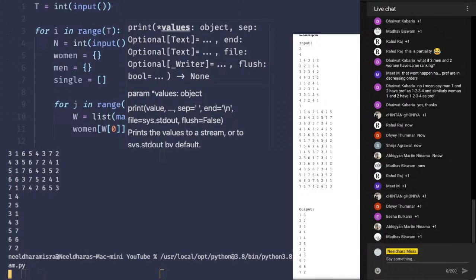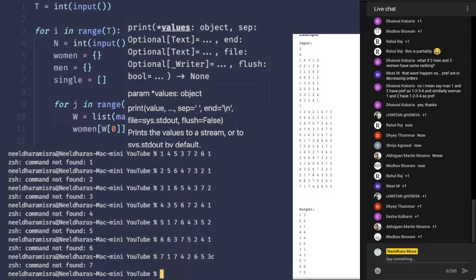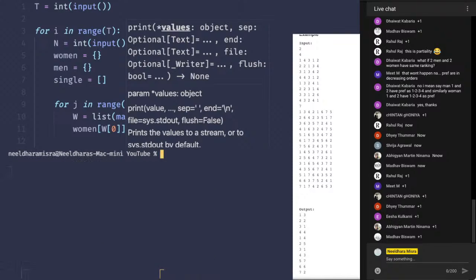The only slight issue here is that, of course, I've not defined the solve function yet. So let me just define this anyway.